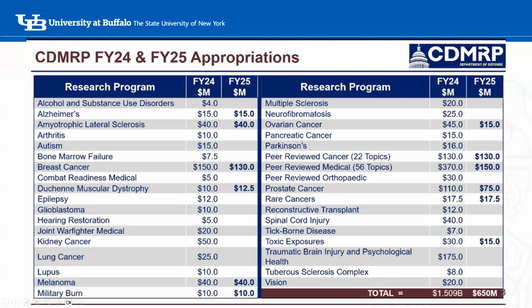So for instance, I know that multiple sclerosis is something that many faculty here have applied for. And while funding has been cut for fiscal year 25, it is included as one of the topics for the peer-reviewed medical program. I just wanted to highlight that because that could be another source of funding for some people.